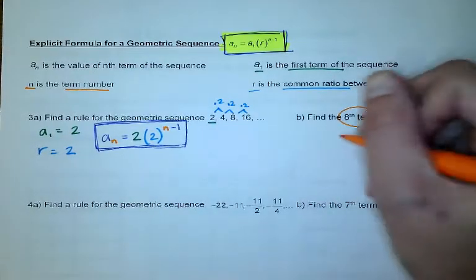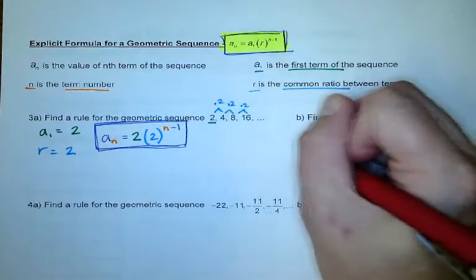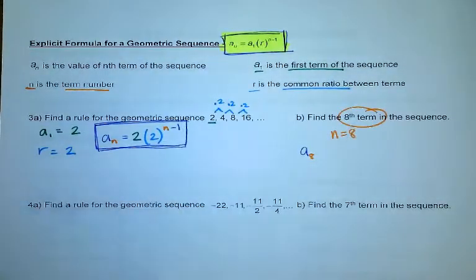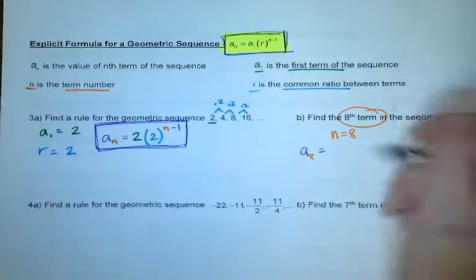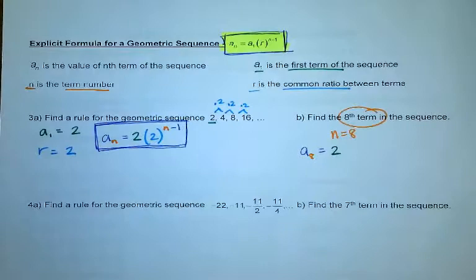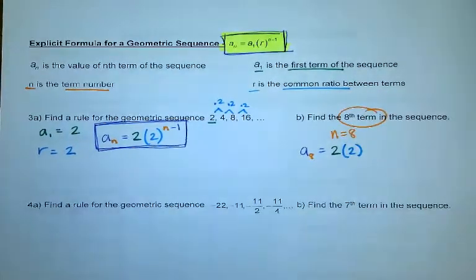So guys, this begins to look like a sub 8. My 8th term is equal to 2, because that's my first value, times 2, because that is my ratio, raised up to the 8 minus 1 power.